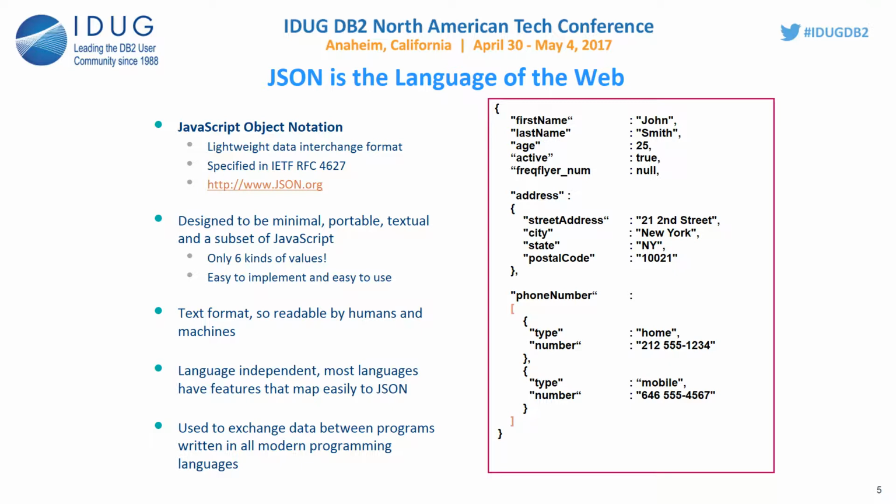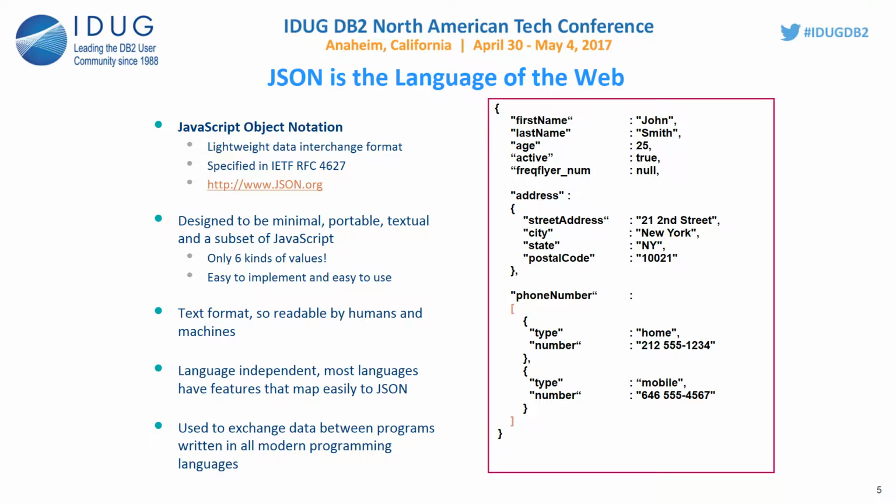There are only 6 types of value. You can see first name, John, is a string type. You have age, 25, a numeric type. You also have active, true or false, a Boolean type. We also have a frequent flyer number, which is a null type.